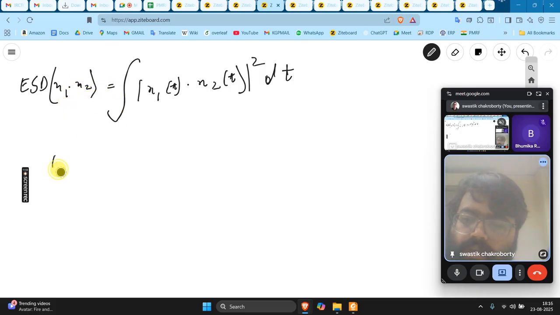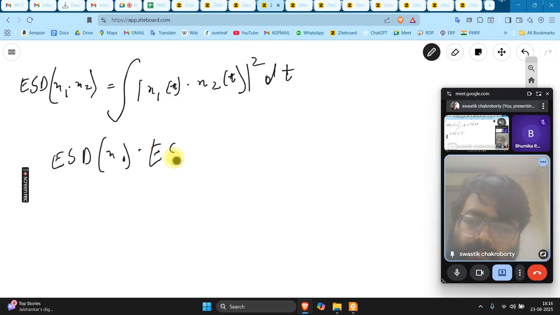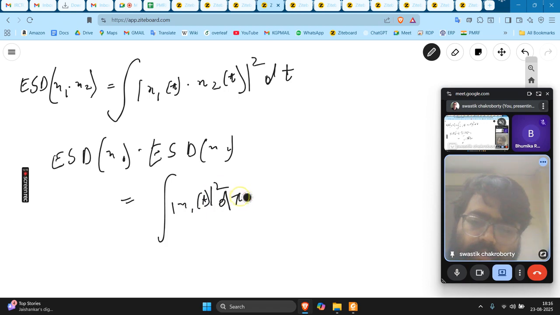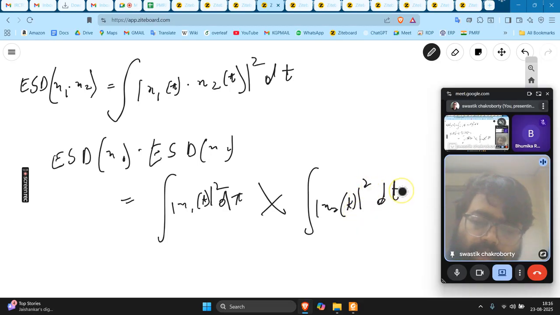Now what is ESD of x1 into ESD of x2? It is the integration of mod x1(t) square dt. So we know that integration is not distributive over multiplication.